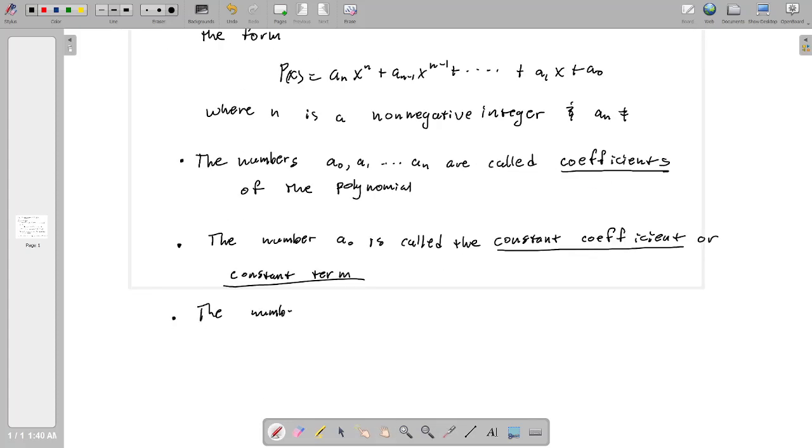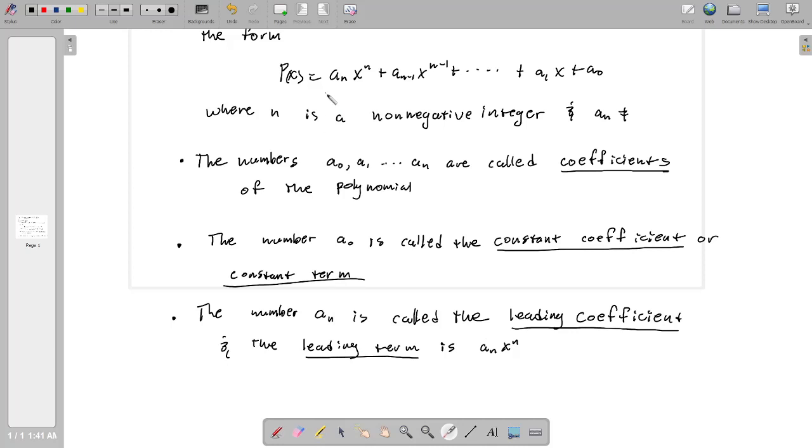The number a sub n is called the leading coefficient, and the leading term is a sub n x to the n. Now, a sub n x to the n is the highest degreed term, so it's called the leading term. The leading coefficient is just the number in front of the highest degreed variable.